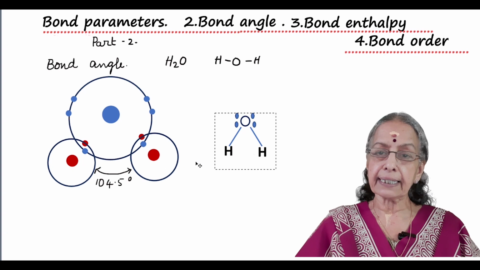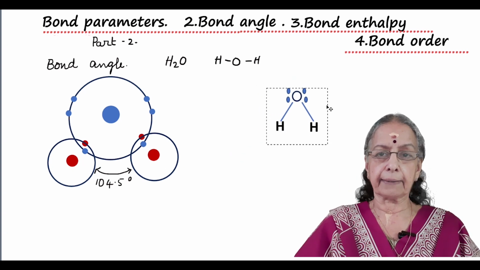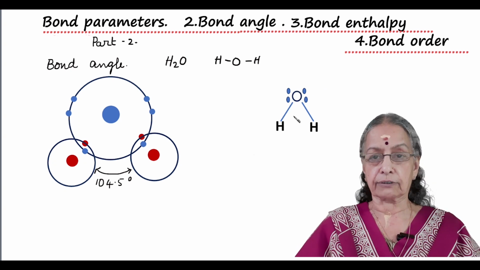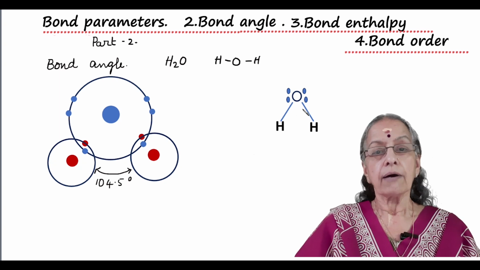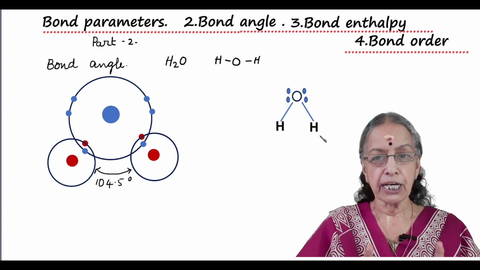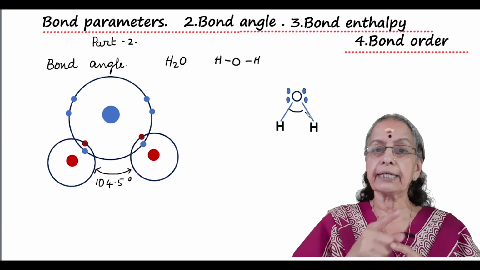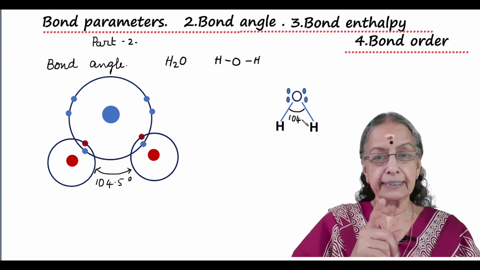Angle is measured in degrees, you know that. So, when we represent this diagrammatically, how will it look like? Look at the other diagram. Central oxygen atom with 2 lone pairs of electrons, and the shared pair of electrons form one single bond each with the 2 hydrogen atoms. The angle between these 2 bonds is 104.5 degrees.